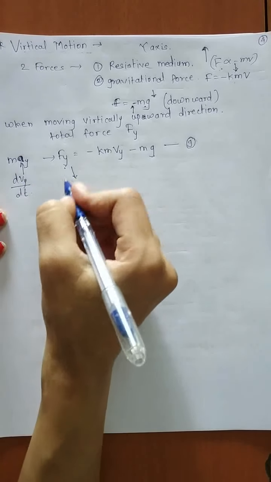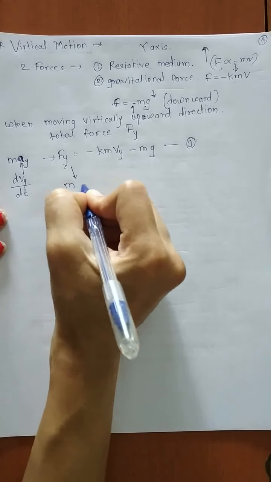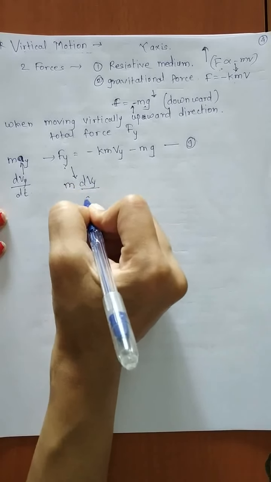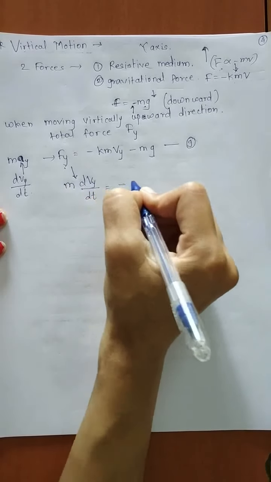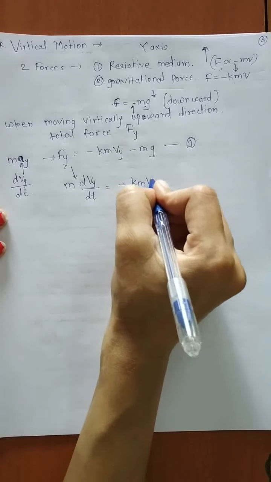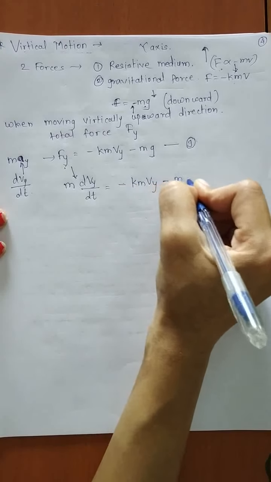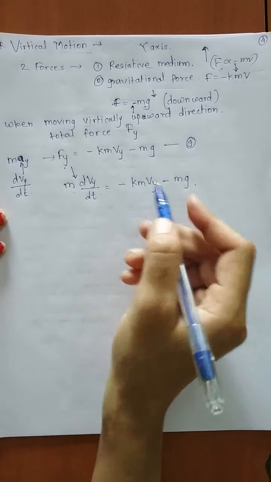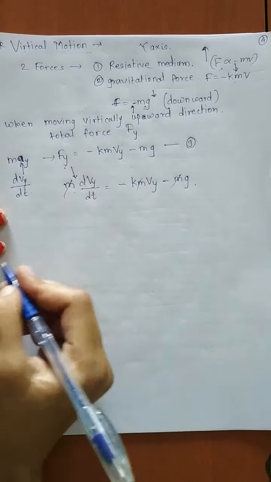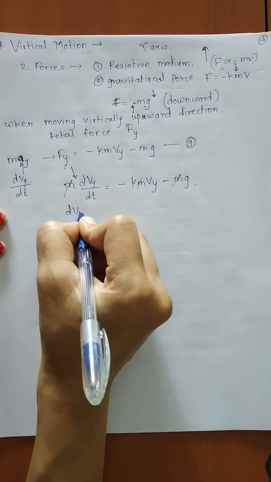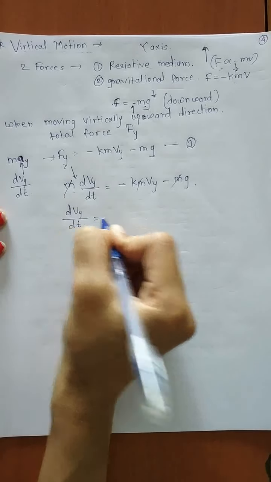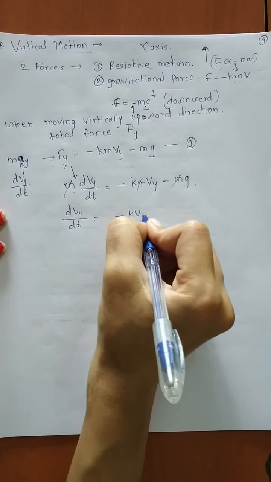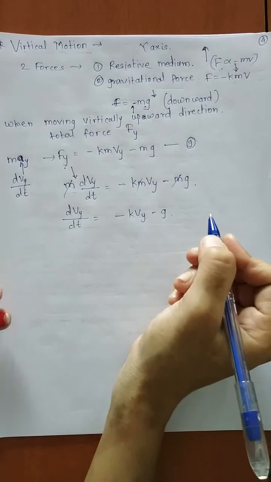Instead of Fy, we can write m dvy upon dt equals minus km vy minus mg. Now if you observe, throughout there is m, which will get cancelled. So we get dvy upon dt equals minus k vy minus g.